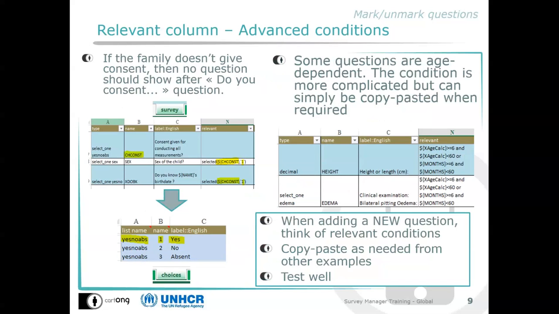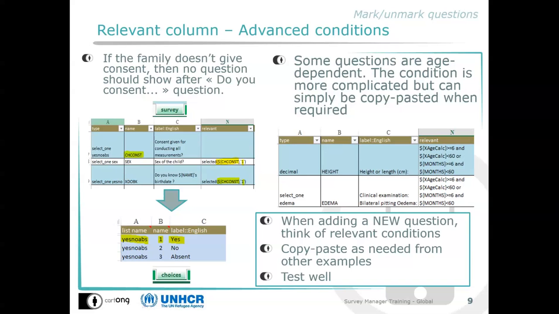Now there are, of course, relevant conditions that are a little bit simpler, and that's where we only want questions to appear when the family or the mother has given consent. This is a relevant condition for the consent question, which on the child questionnaire is set as CH const, for child consent. You would then set the condition for that.